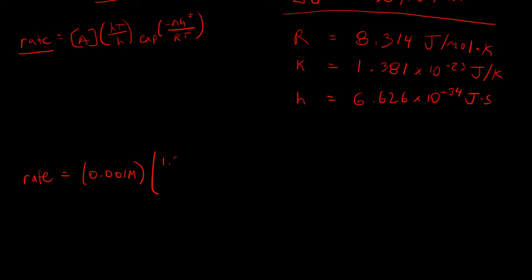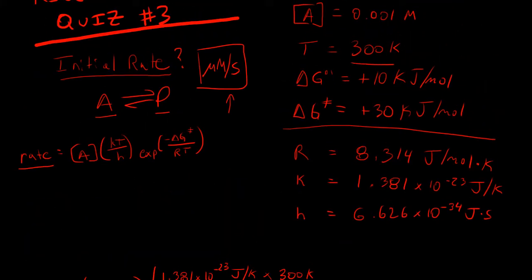That's 1.381 times 10 to the minus 23rd, and that's in joules per Kelvin, times T, which is our temperature, was given to us as 300 Kelvin up here.